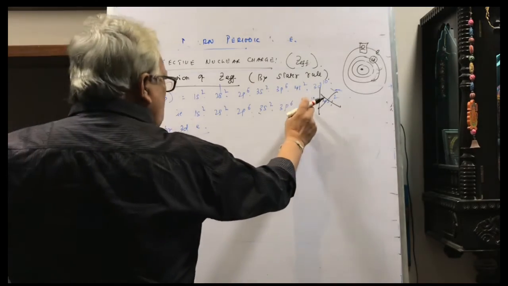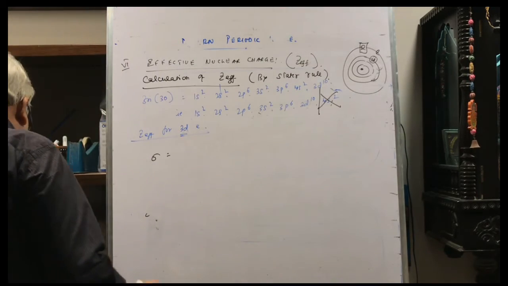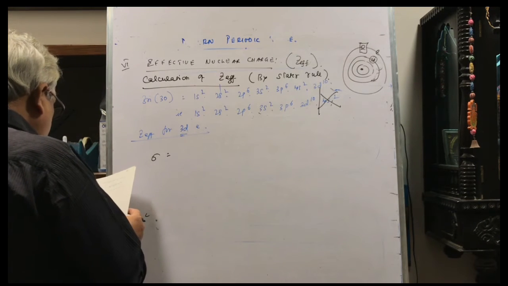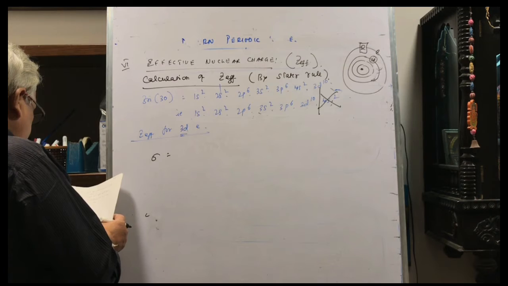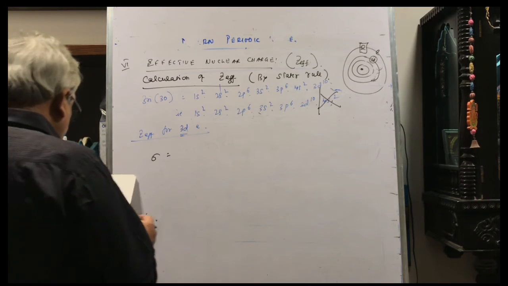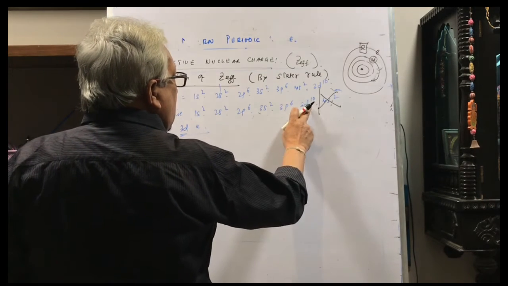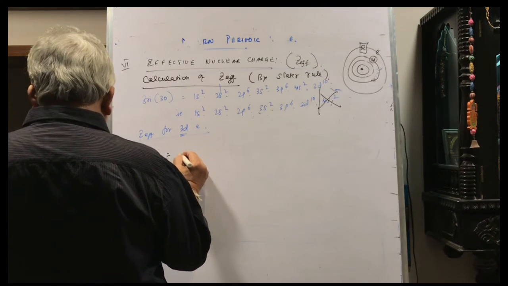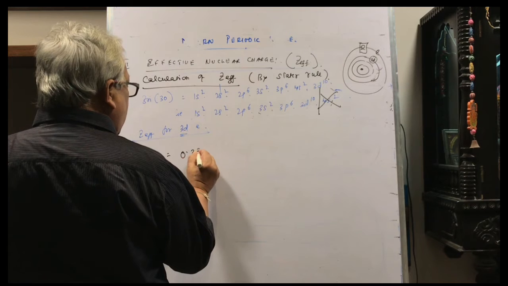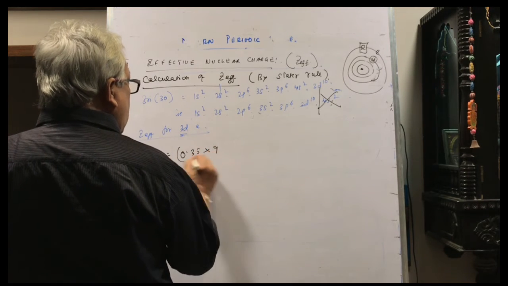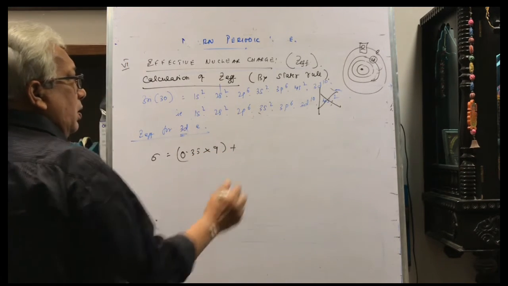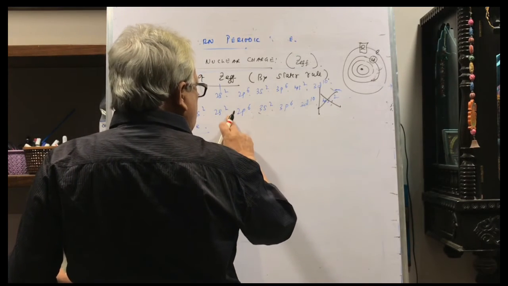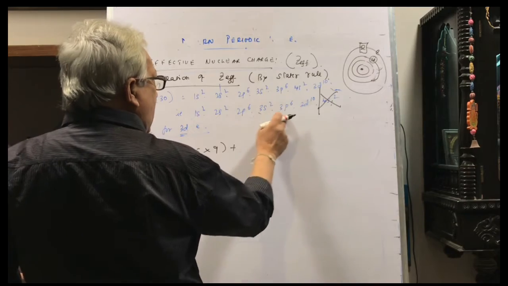So when I think of 3d, what will happen? In 3d there are the rest of the 9, so it will be 0.35 into 9, plus how many electrons are there? 8, 16 plus 2, the rest are 18.